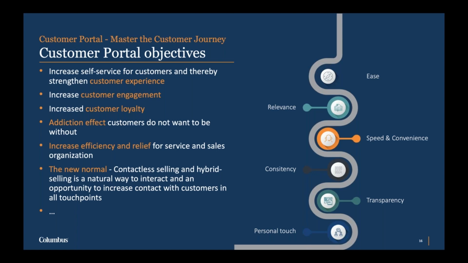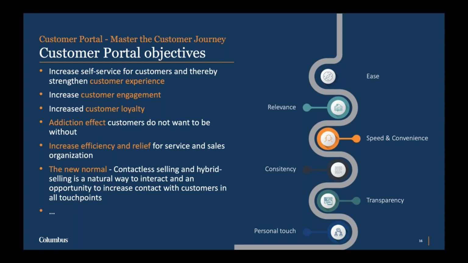Well, I'd say the overall goal of a customer portal is to simplify everyday work for customers, as well as, on the same side, improve the efficiency of your sales staff. Some of the objectives that companies are aiming for is to increase service for customers and thereby strengthen the customer's experience.